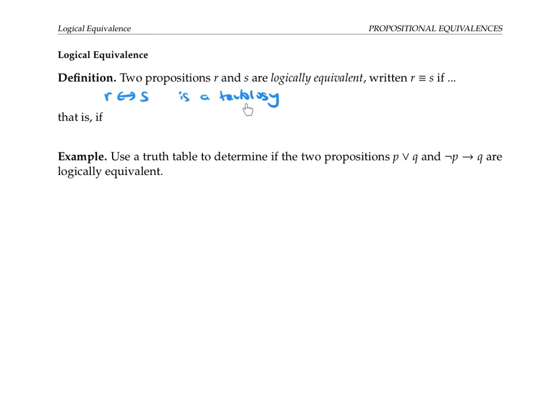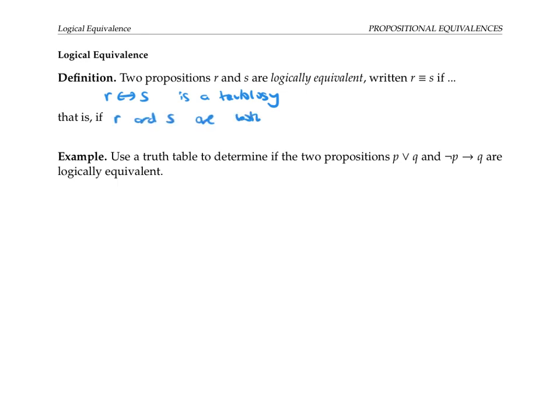So for this to be a tautology, it must be that R and S are always either both true or both false.